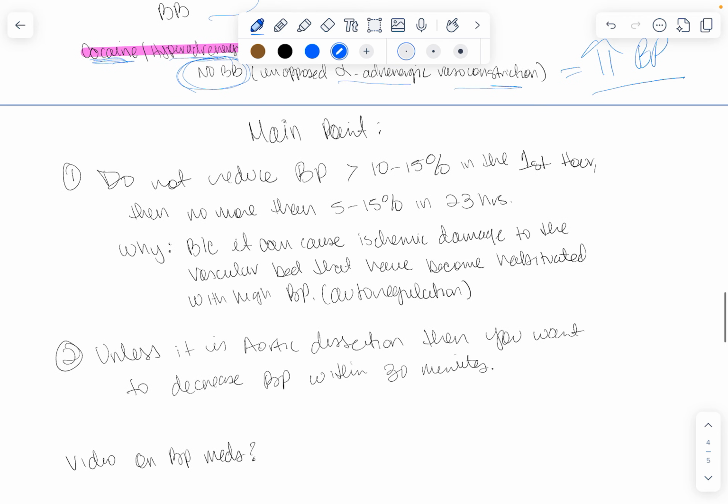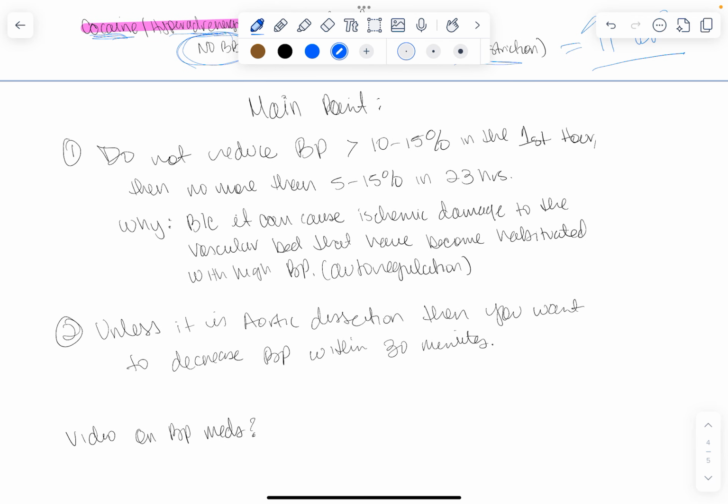The main point I want you guys to understand with hypertensive emergency is: do not reduce the blood pressure by more than 10 to 15% in the first hour. Then no more than 5 to 15% in the next 23 hours.